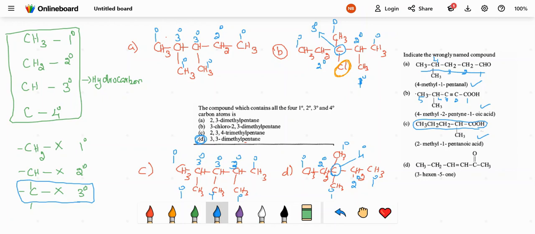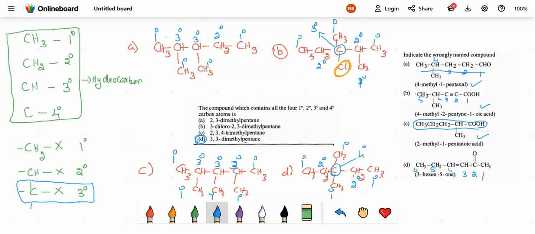And the last one here, the carbonyl group will have higher preference than ene. You can check in the NCERT or some other books. The order will be like that. So C double bond O gets the higher priority. So you should number from this way. 1, 2, 3, 4, 5, 6.